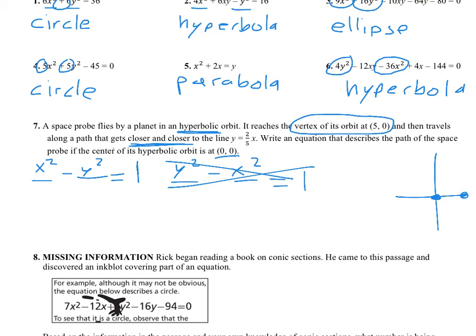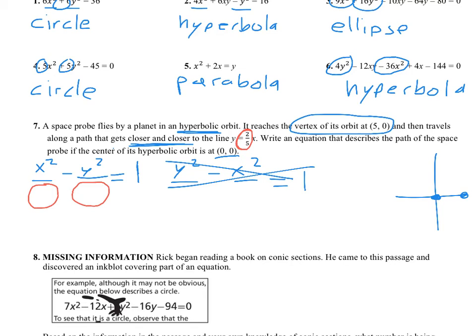Okay, so we're going to have to work backwards. In the past, we had the equation, and then we found the asymptotes. Now we're given the asymptote, but we don't have the equation. So how did we find the asymptotes? Well, we took the square root of this number, and that one in the numerator, because slope is rise over run, and rise is the y, and then on the bottom was the square root of that number.